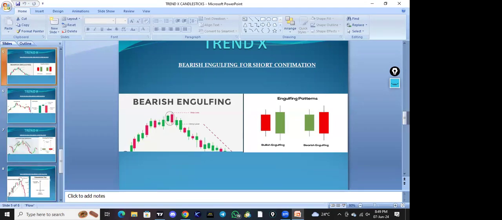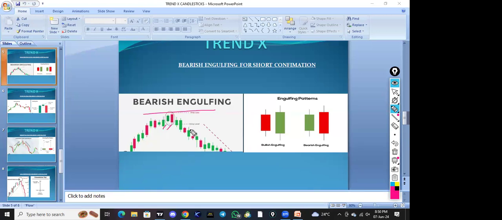short positions. When we are below the weekly, we're looking only for shorts near resistance. The first one is the exact opposite of what I showed you in long. This is the bearish engulfing. When we see this bearish engulfing, you can again see the difference in this candle and its size.